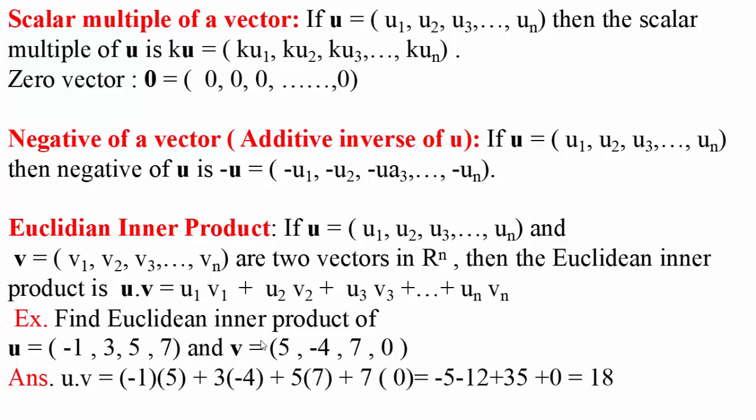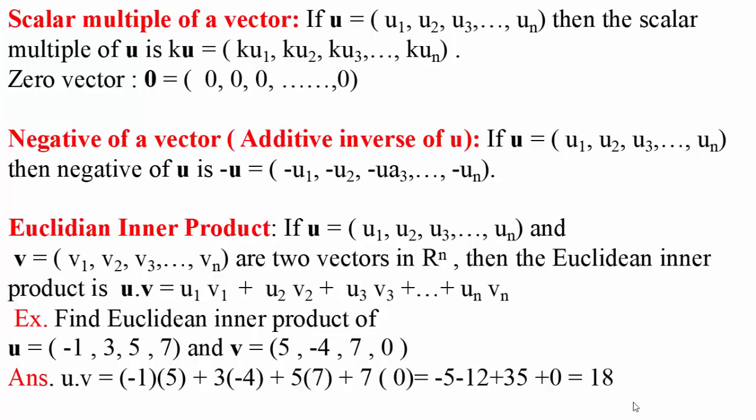Inner product u dot v is -1 into 5 plus 3 into -4 plus 5 into -7 plus 7 into 0. -1 into 5 is -5, 3 into -4 is -12, 5 into -7 is -35, and 7 into 0 is 0. Adding, -5 minus 12 minus 35 plus 0 is nothing but -52.